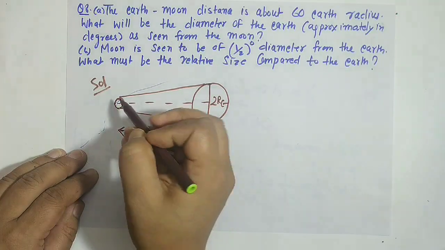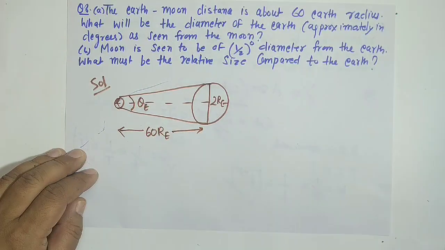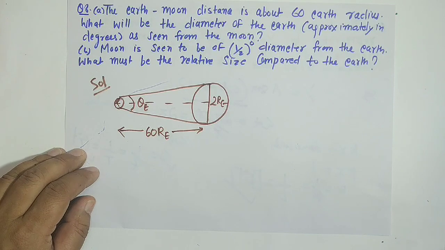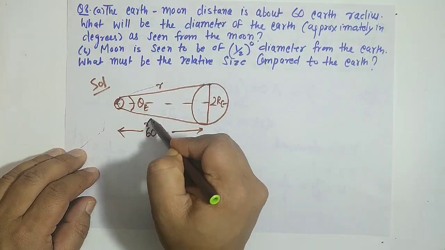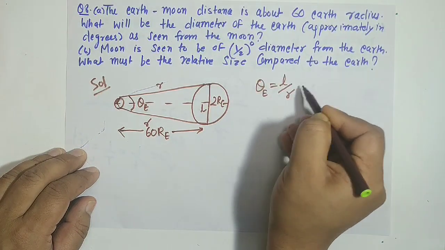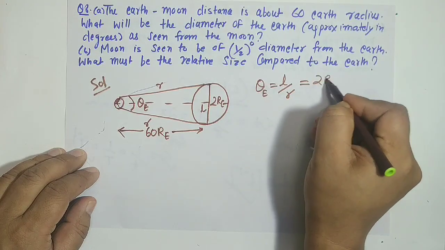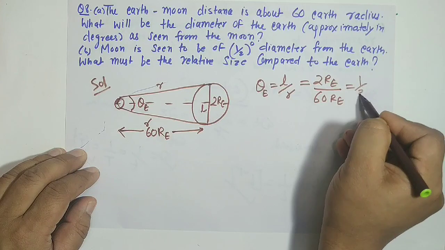And this is subtending some angle, that is theta e. This is the point object. And I think all of you know theta will be L by r. If you say this is L, all of you know theta e will be what? L by r. What is L? It is 2 Re. What is r? It is 60 Re. So it becomes 1 by 30 radian.